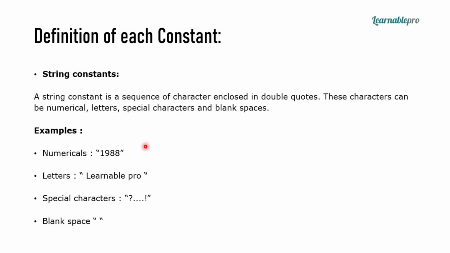Examples: numerals, it can be 1988 enclosed by double quotes; letters, it can be Learnablepro; special characters, it can be a question mark; blank space, which is nothing but enclosed by double quotes. It is mandatory that whatever we declare as a string constant should be enclosed by double quotes. These are called string constants.